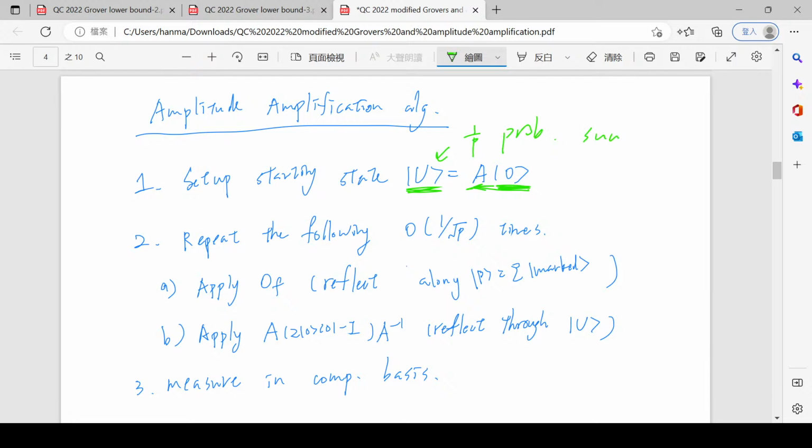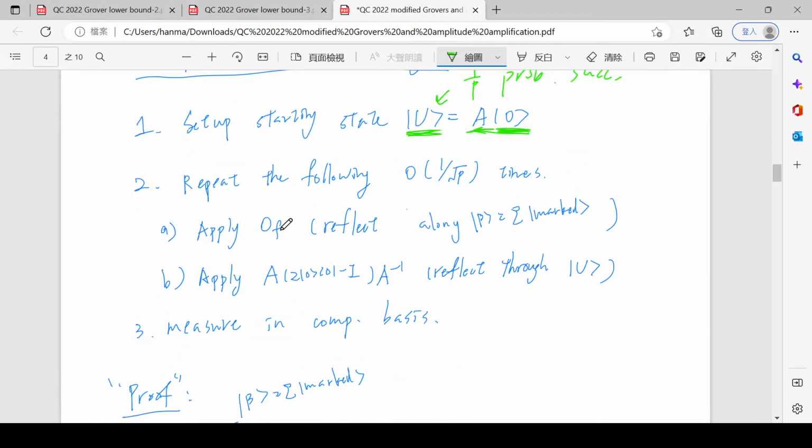Okay? Right? Because that's the promise of A. So that means that when you measure this in the computational basis, then it has a p overlap with the marked item states. And so you start with this, then you do steps that look very much like Grover's algorithm. You do 2 reflections.